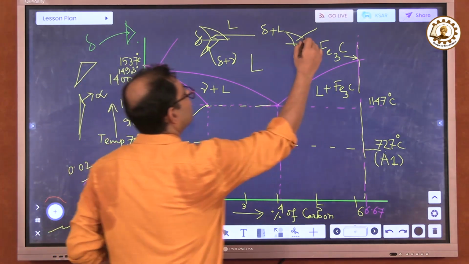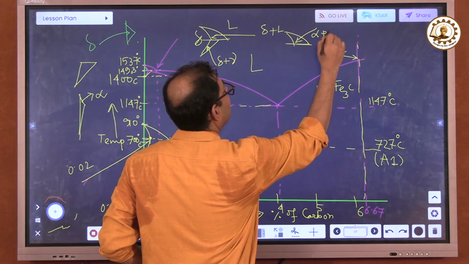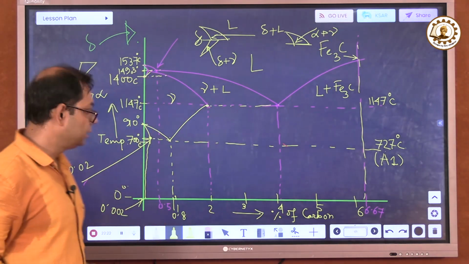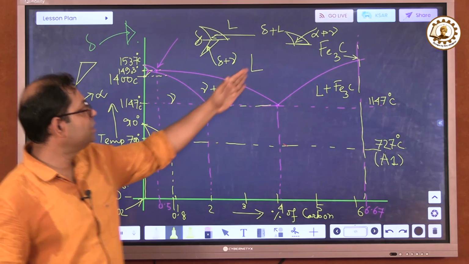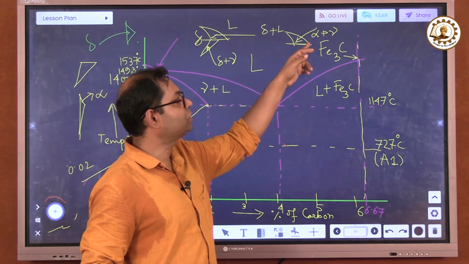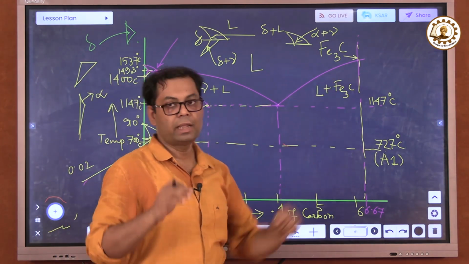So it consists of alpha plus gamma. That's all. What we can see in this shark fin type of region is a combination of alpha ferrite and gamma.